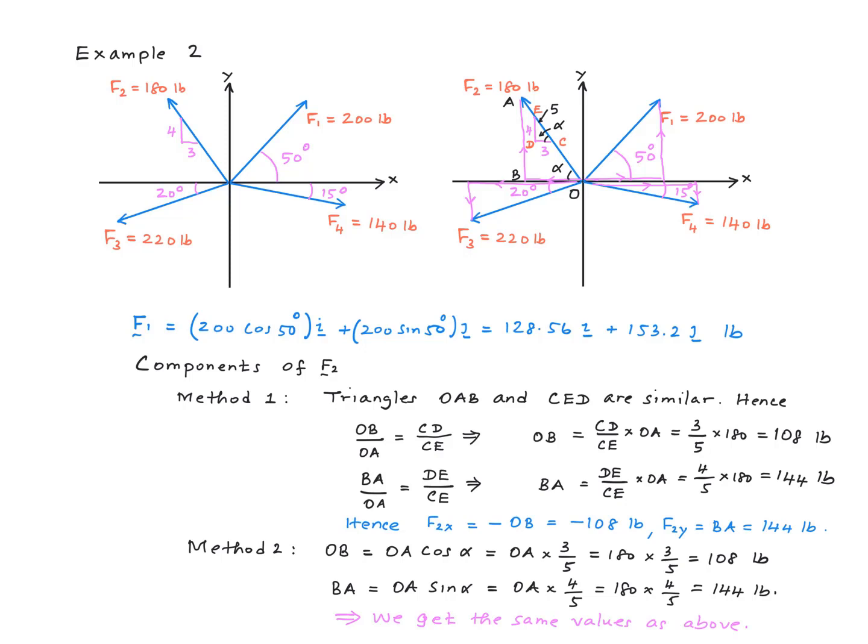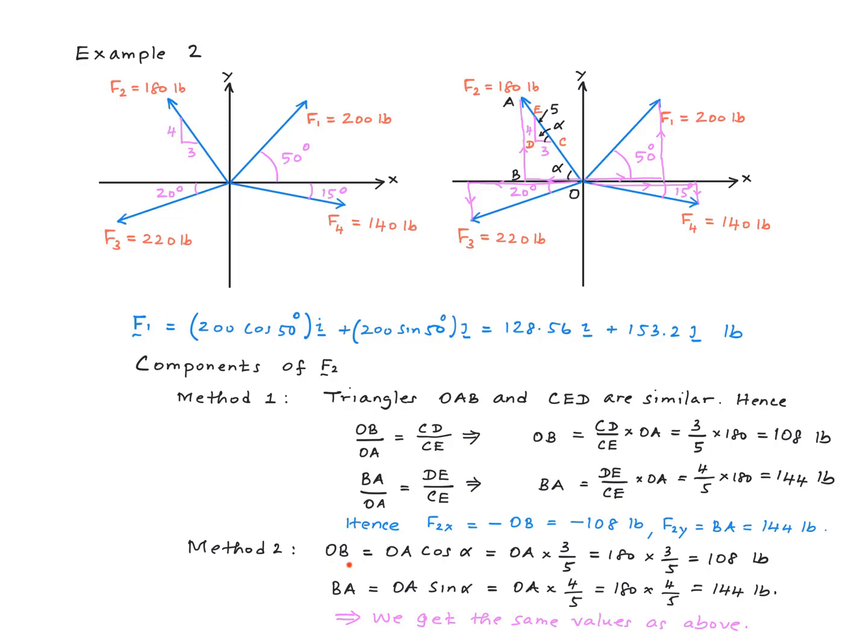Another way to understand what we just did here is to use angles. We know that this angle right here and the angle of this little triangle are equal to each other. So I call this alpha. Now looking at the big triangle, we note that OB is simply OA cosine alpha, right? Now considering the little triangle, we see cosine alpha is nothing but 3 over 5.